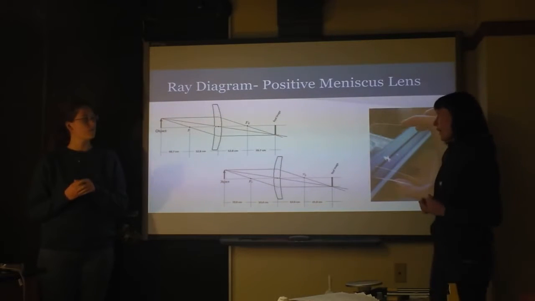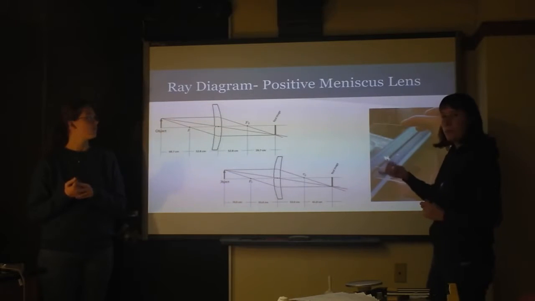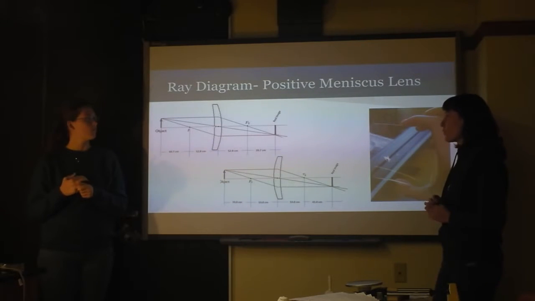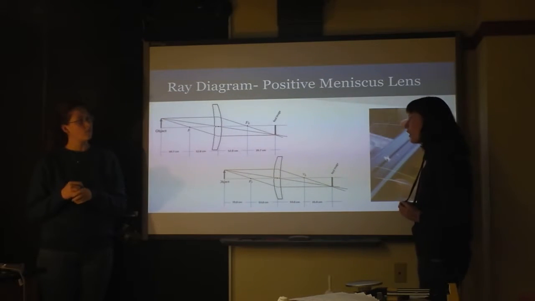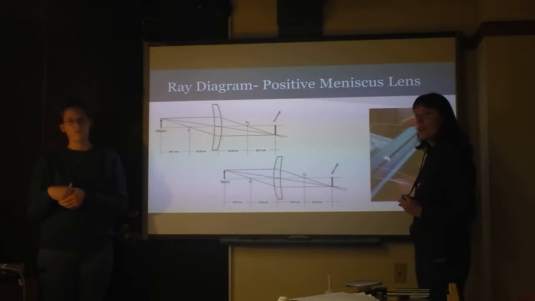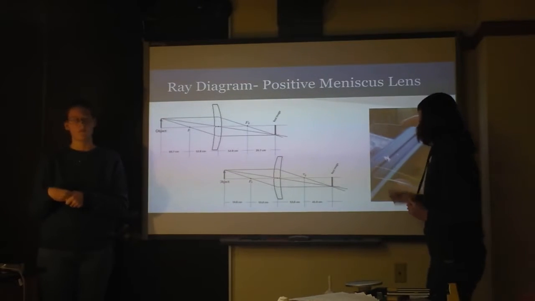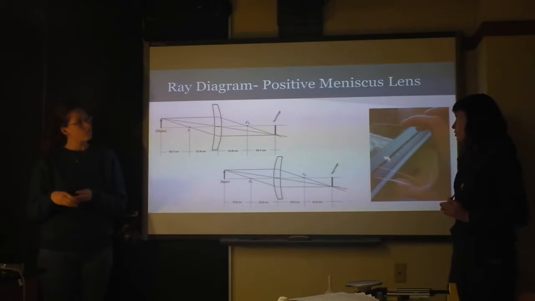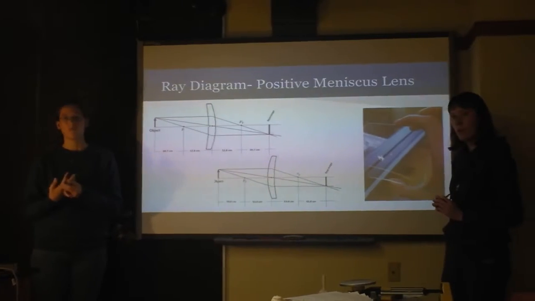But they create real images that are about in the same spot if you flip it either way, which was cool because the real image doesn't depend on which way the lens was flipped, which was really interesting to us. But it also created virtual images, two of them.